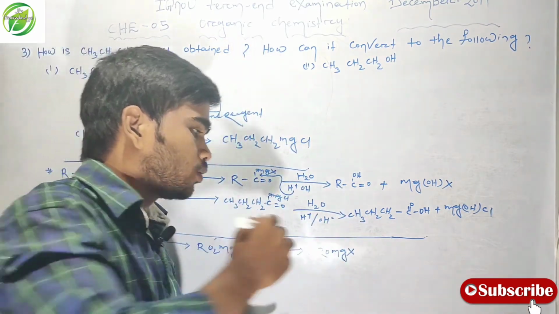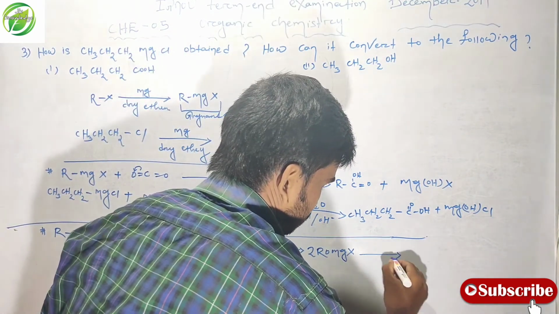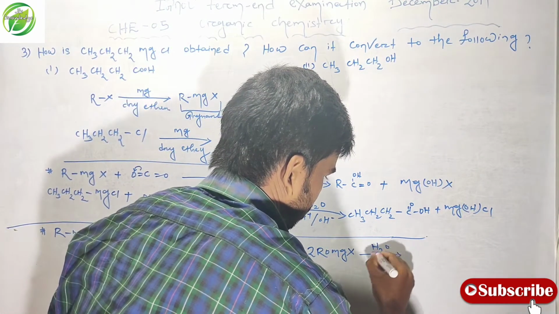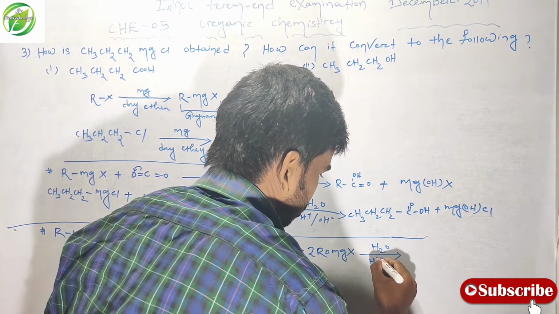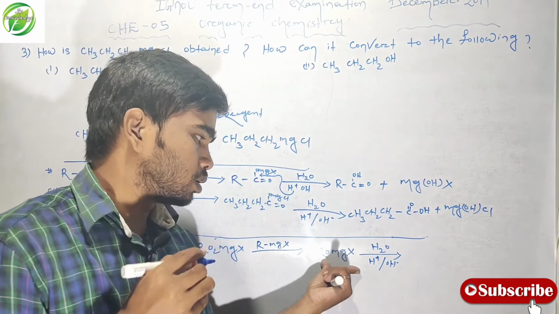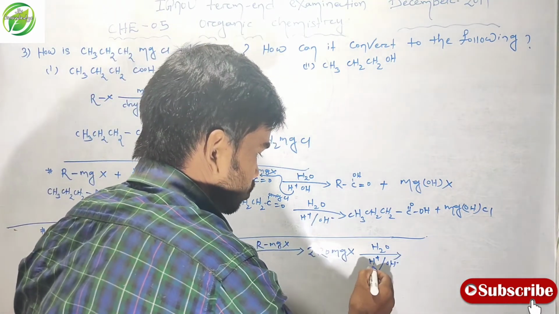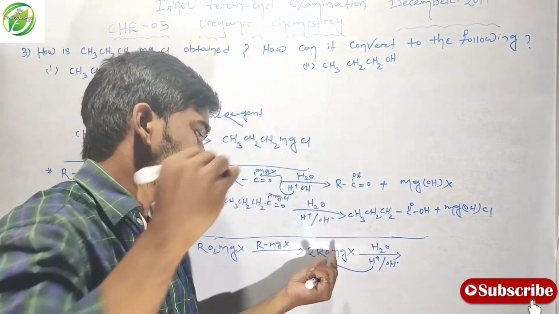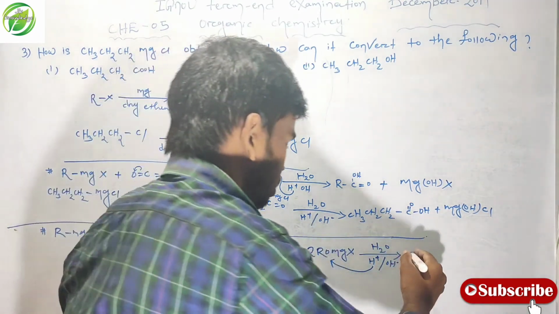When this ROMgX is hydrolyzed in the presence of water, this OH is attached to this oxygen and forms alcohol.